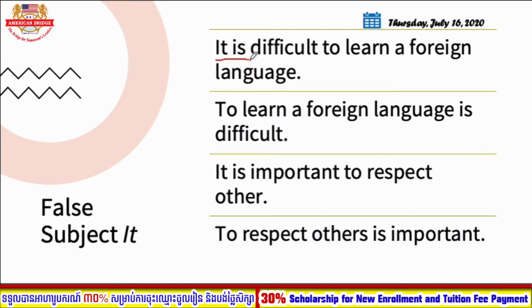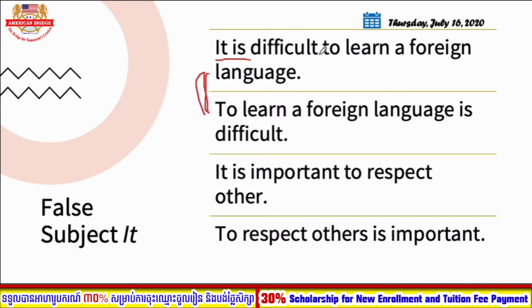But you can rewrite the sentence using the infinitive: To learn a foreign language is difficult. As you can see, these two sentences are the same, but with a different subject. The first one uses it, but we don't know what it is referring to. It is a pronoun, and mostly it is used to refer to another noun.